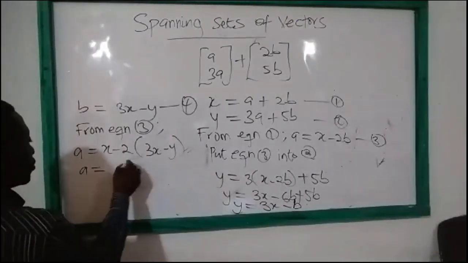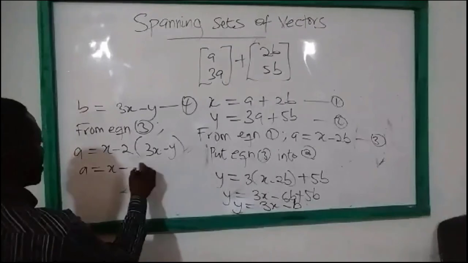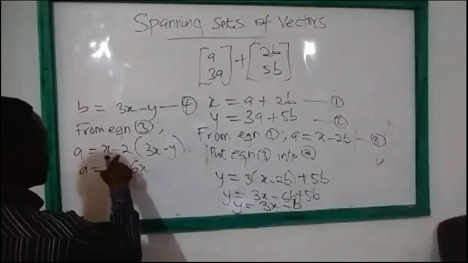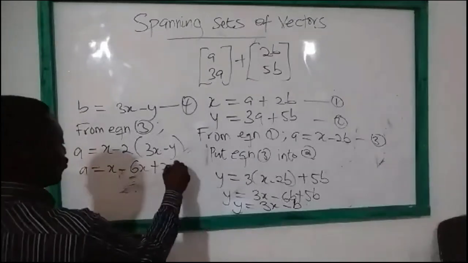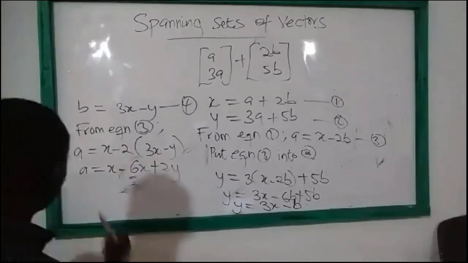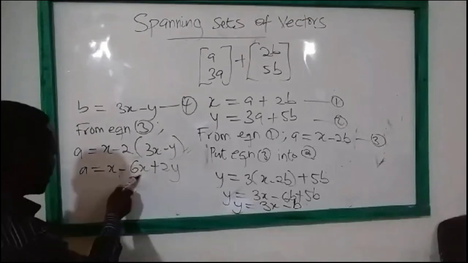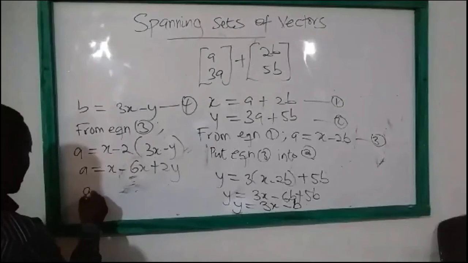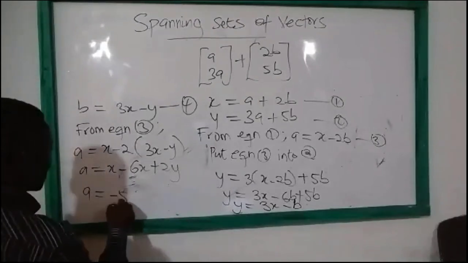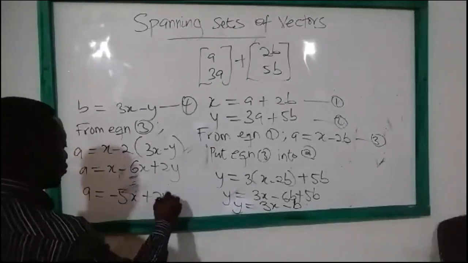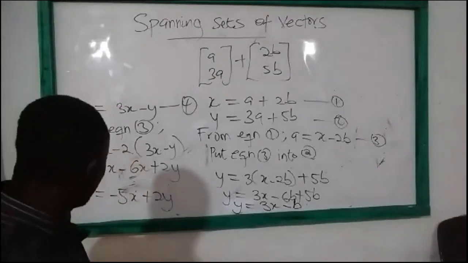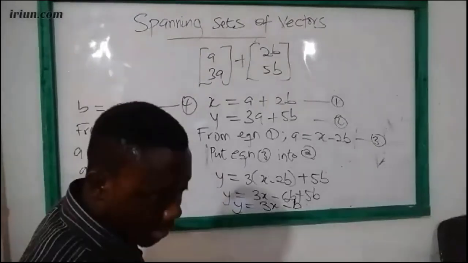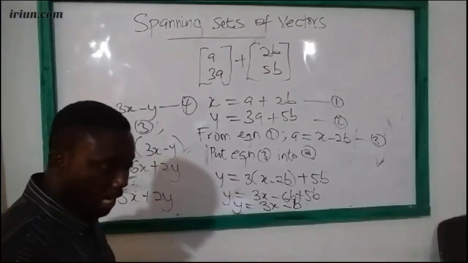So A is going to be X minus 6X, then plus 2Y. We are getting A to be minus 6X plus X plus 2Y. We simplify. So A will finally be minus 5X plus 2Y.